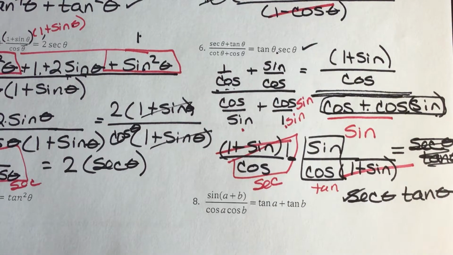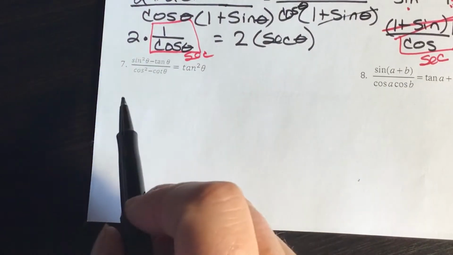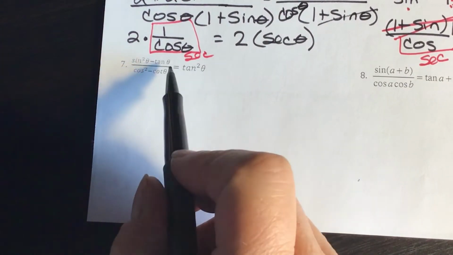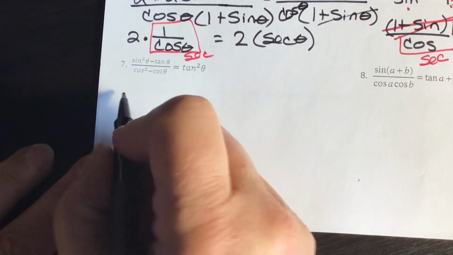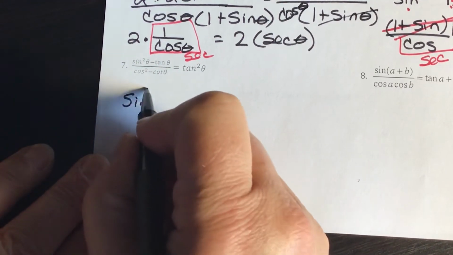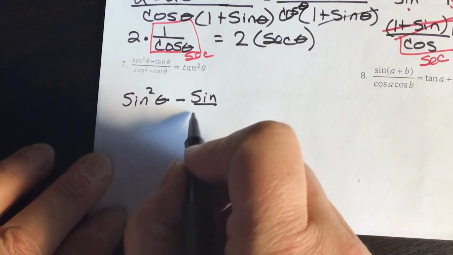On number 7, let's see here. I have sine and tangent. Let's put tangent in terms of sine and cosine. So I have sine squared of theta minus sine over cosine.